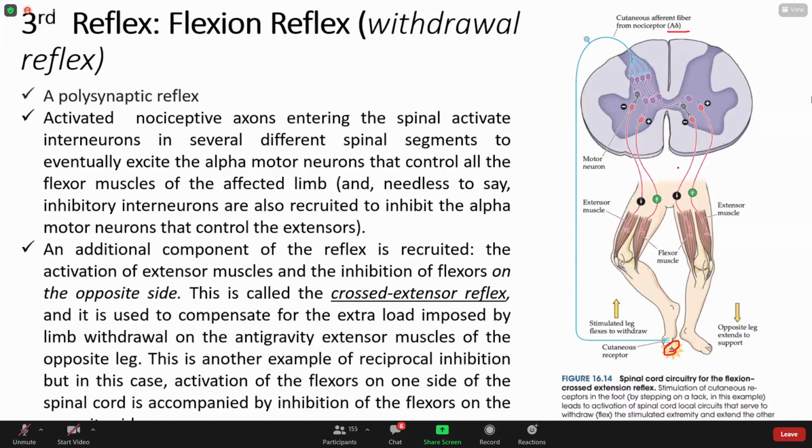This is why it's called the crossed extensor reflex, and it's a polysynaptic reflex. Any questions? Okay, good.